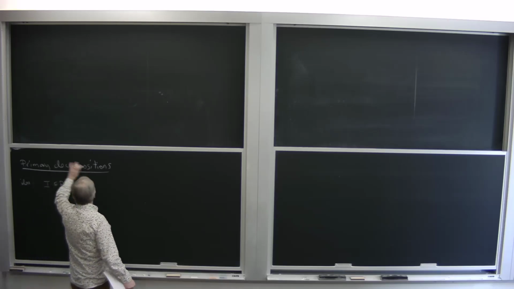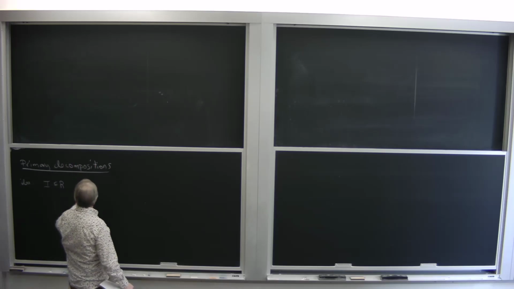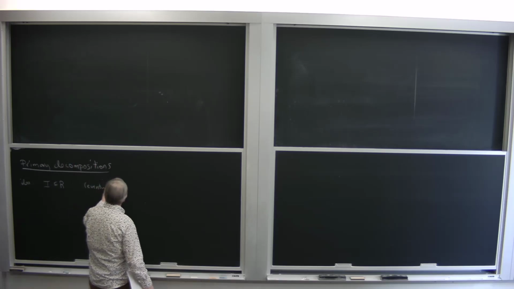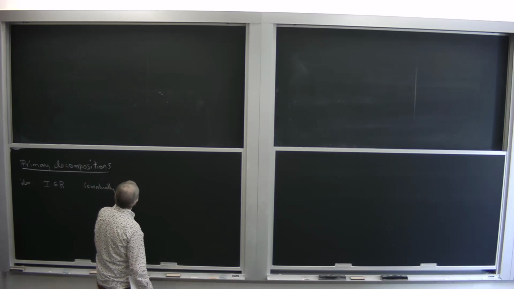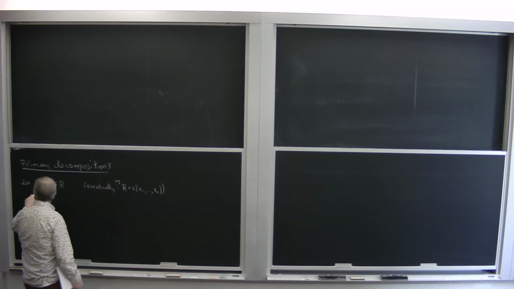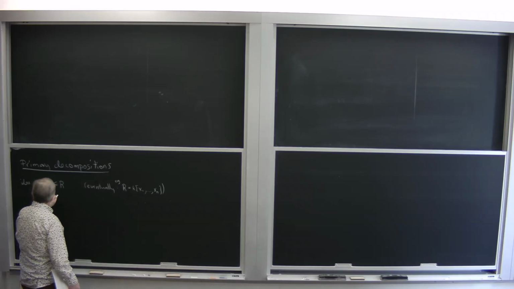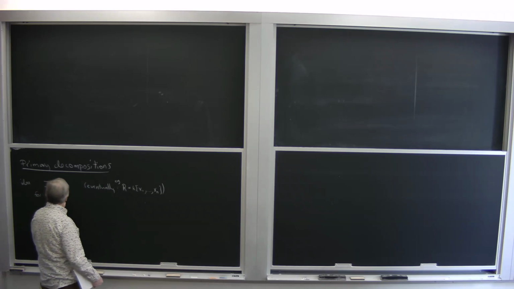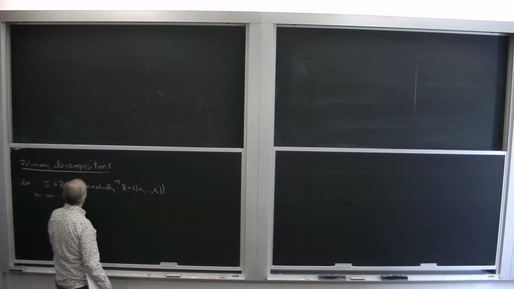Now, eventually we're going to set R to be various rings, like k[x1, ..., xn], so for example we'll take this one. But for now, the whole thing works really nicely if R is just a Noetherian ring.